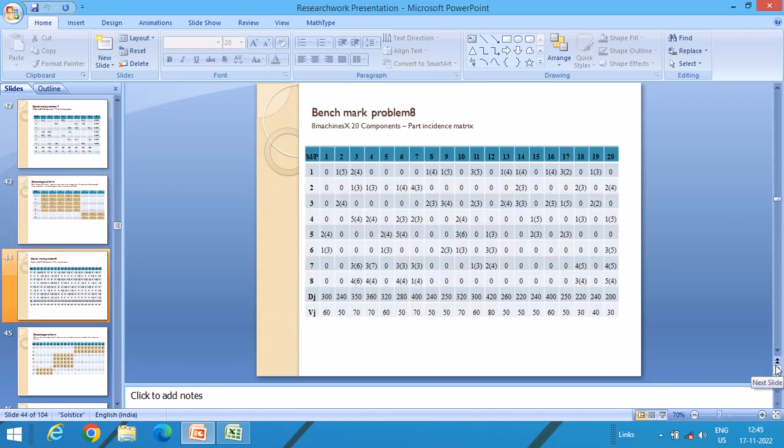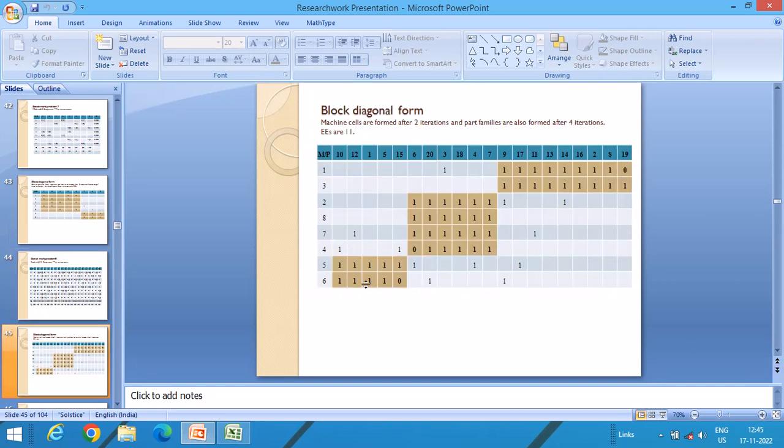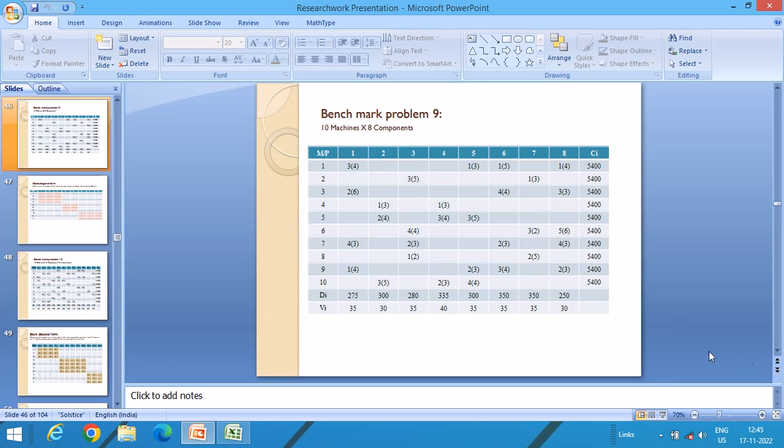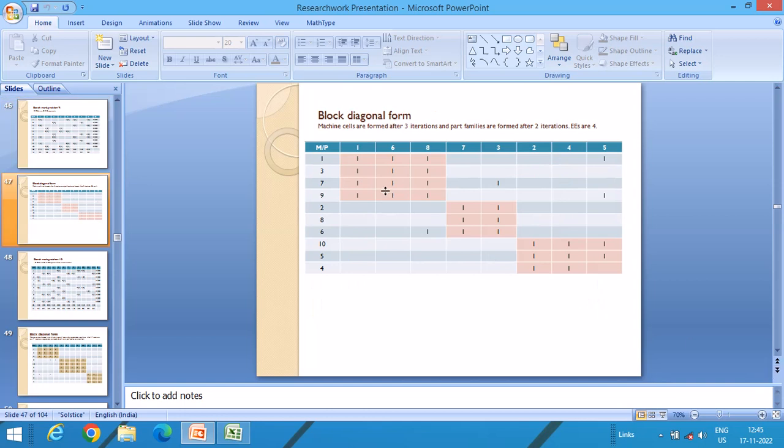So in problem 8, that is 8 machines 20 components problem, we have got 3 clusters and exceptional elements are 11. So in problem 9, 10 machines 8 components problem, we have got 3 clusters with 4 exceptional elements.